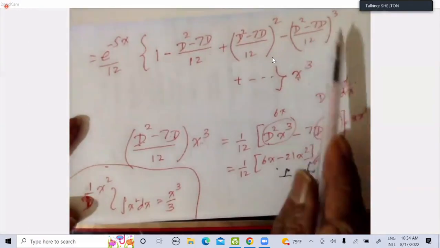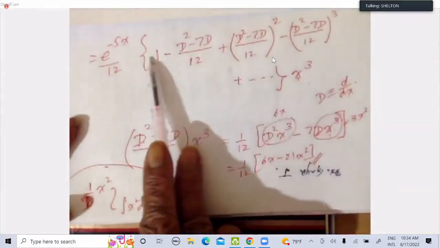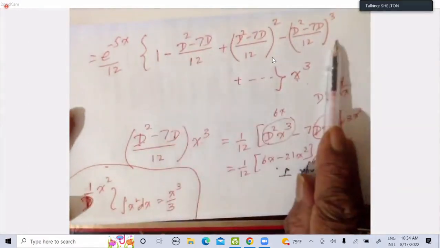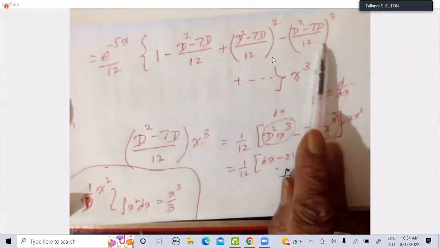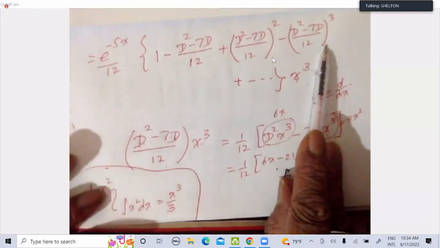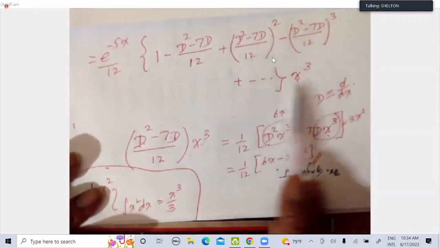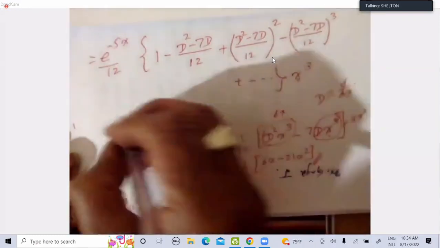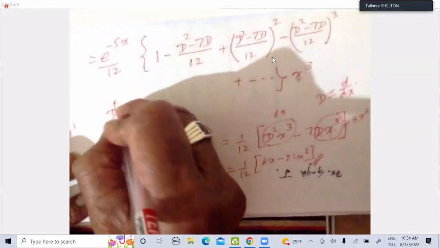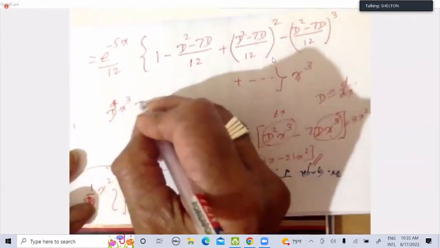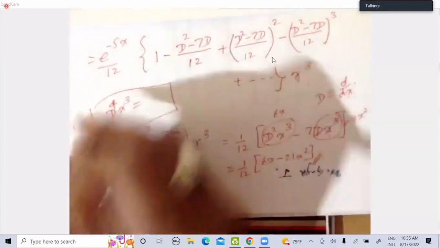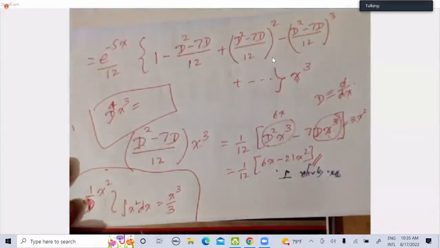Expansion should be written to make sure that all the terms are d to the 4 or higher. What is d to the power 4 of x cubed? It is 0.